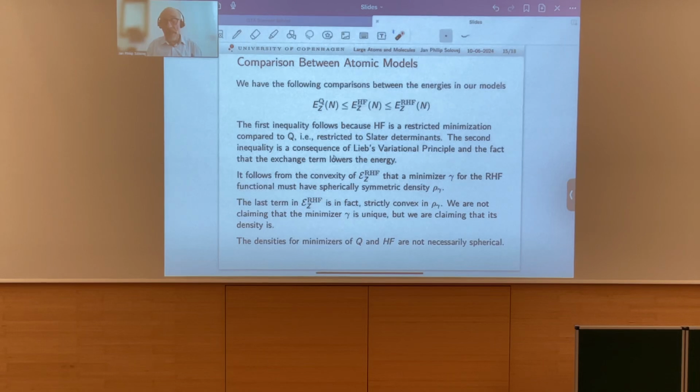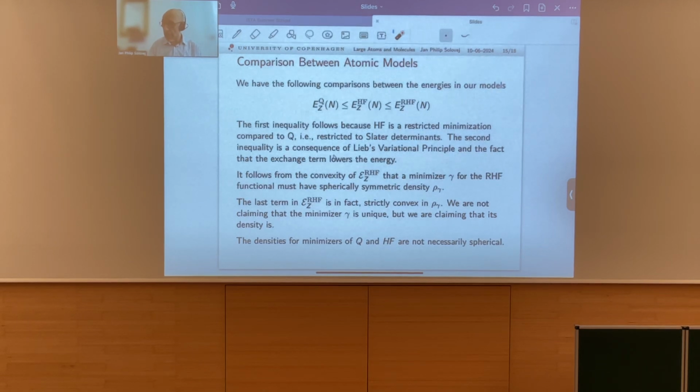And because of that, we have already seen that in Hartree-Fock, we can relax the minimization, so that we do not have to look at Slater determinants, but only at one-particle density matrices between 0 and 1. Then we have an inequality there. So the first inequality follows because it's a restricted minimization, and the second is Lieb's variation principle, and because the exchange term only goes the one way.